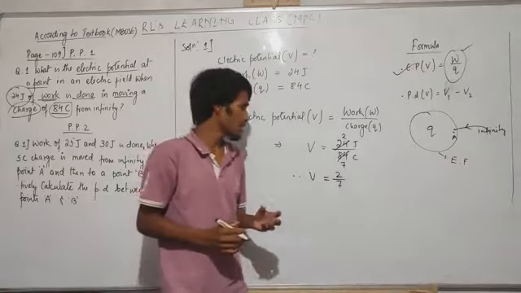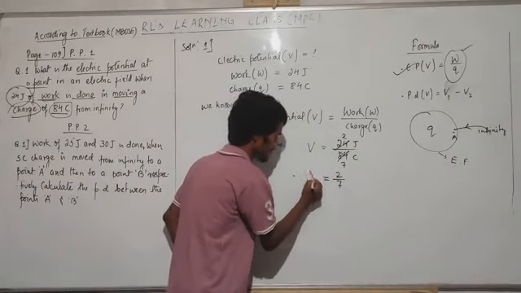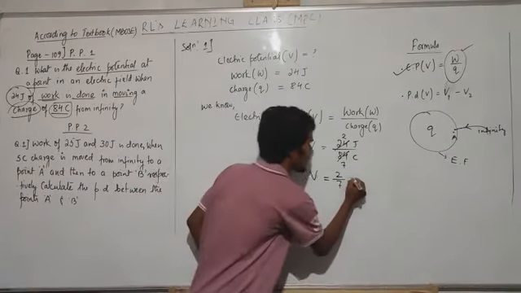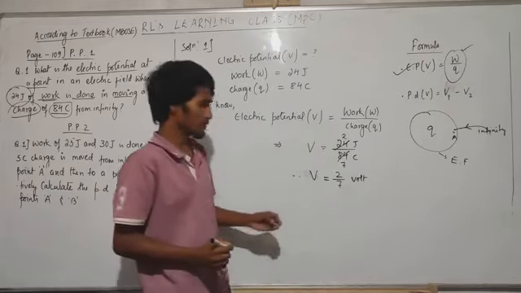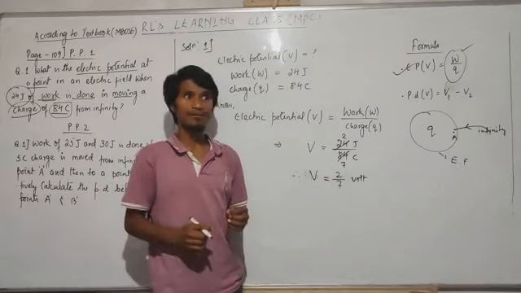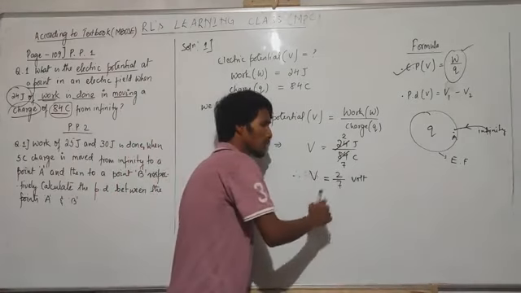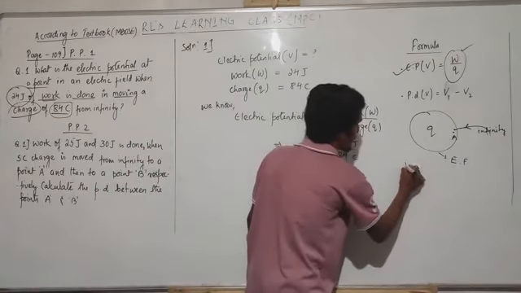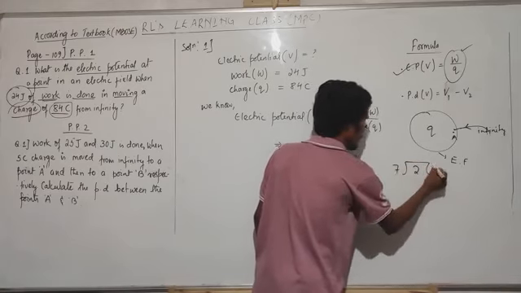What is the SI unit of electric potential? The SI unit of electric potential is volt. In your textbook they don't give the answer as 2 by 7, they give it in decimal form, so you do the division, 2 divided by 7.